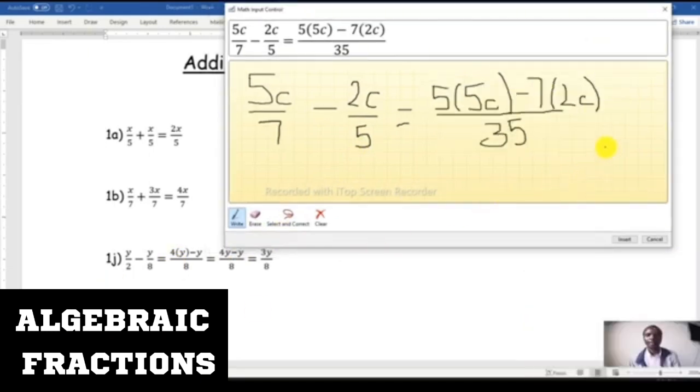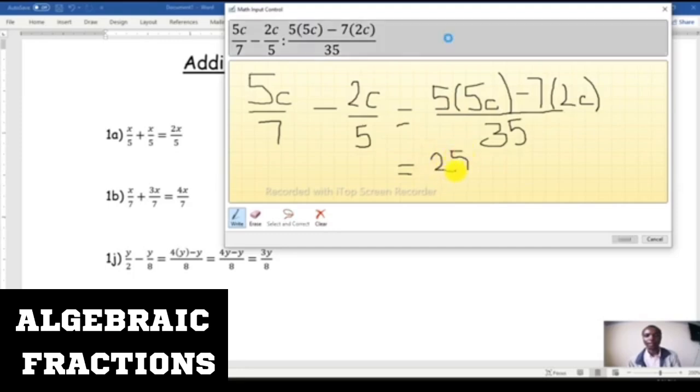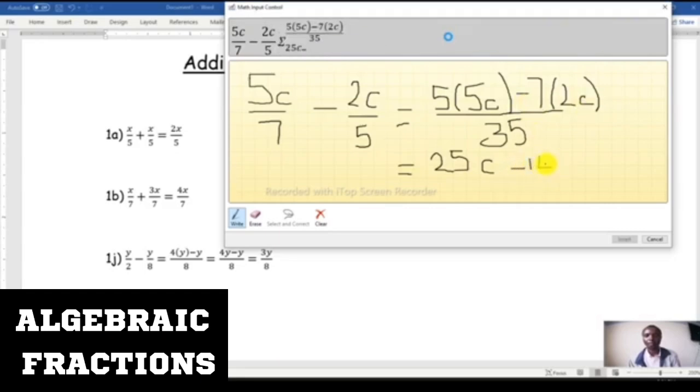So it's 5 bracket 5c minus 7 bracket 2c. Then the next stage: 5 times 5 is 25c, and 7 times 2 is minus 14c.